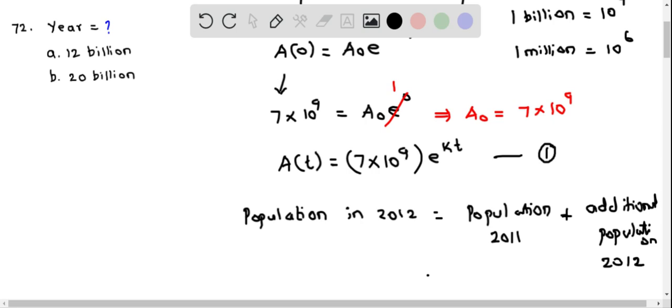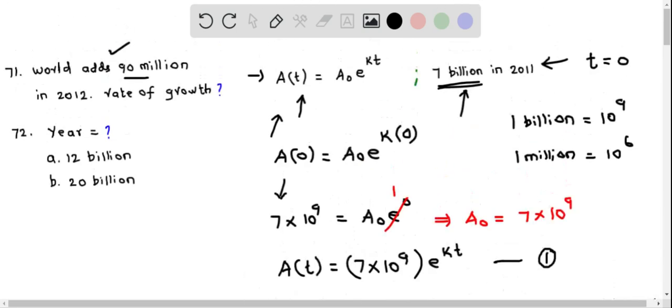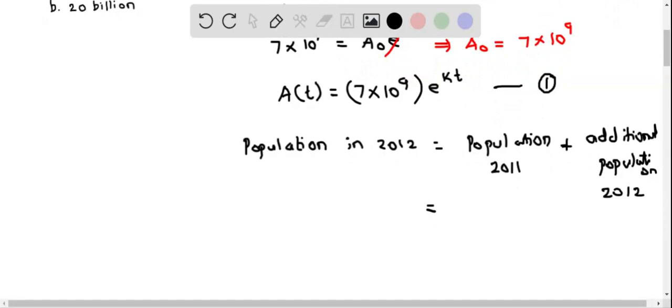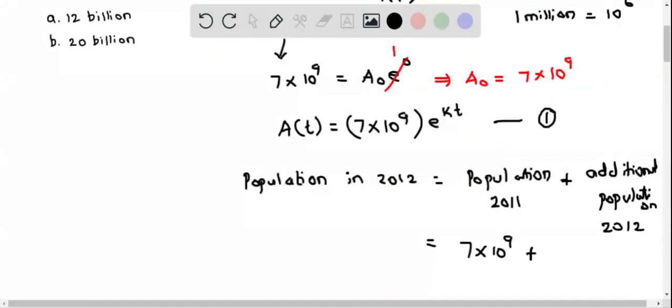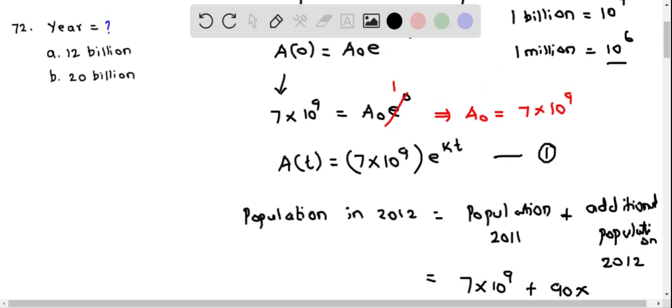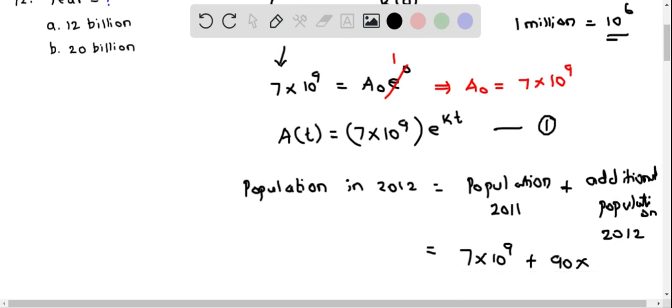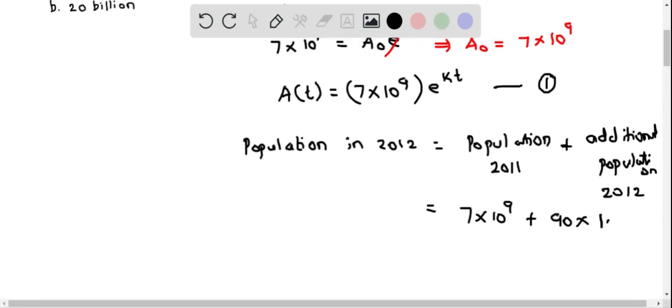And we know that the population in year 2011 is 7 billion, so we write down this as 7 times 10 power 9, and then the additional population is 90 million, so we can write down this as 90 times 1 million, which we represent as 10 power 6, as we have already understood. So basically this is the population in year 2012.